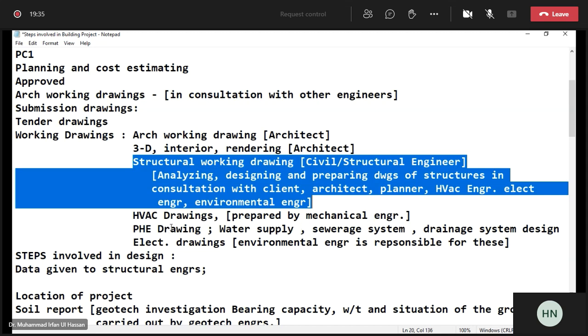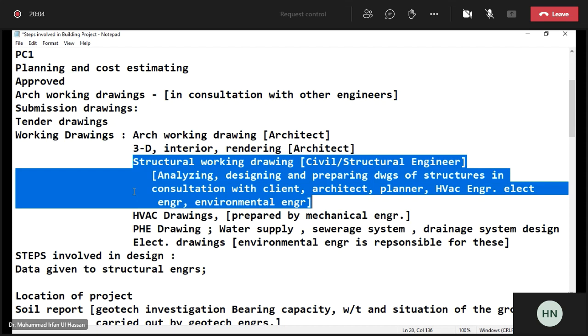So definitely we have to consult the other engineers, because if we don't consult, the drawings are not prepared properly and later on they have to cut the slab, they have to make the duct manually. So if we already consult with them and then we design accordingly, it will be better for the client and the contractor also.